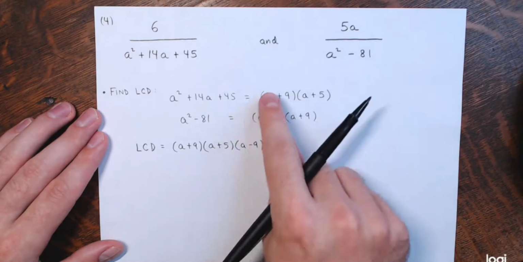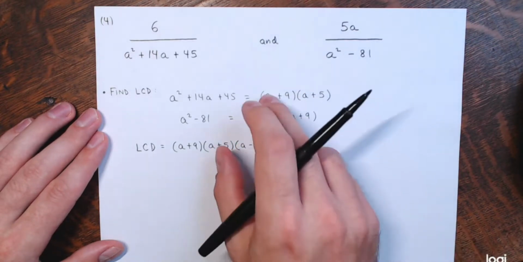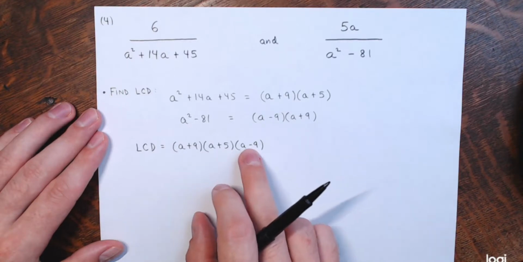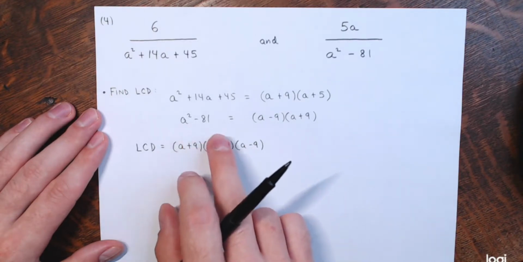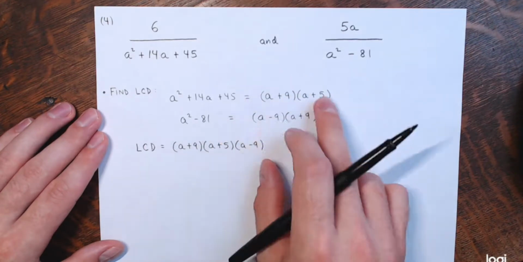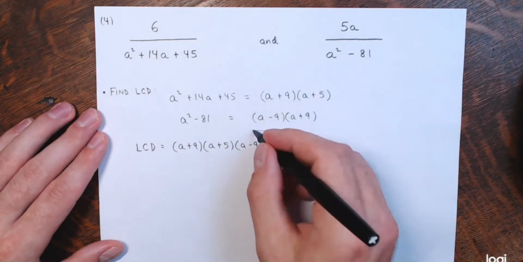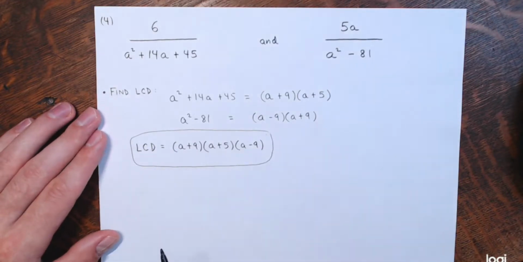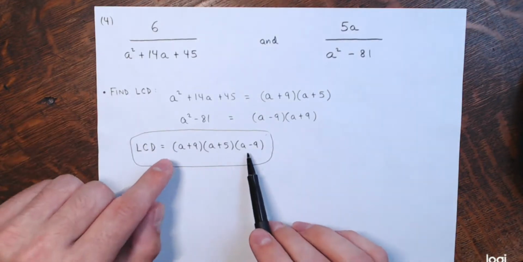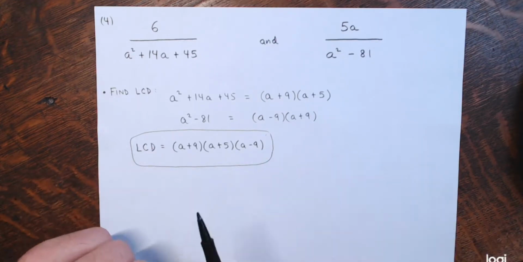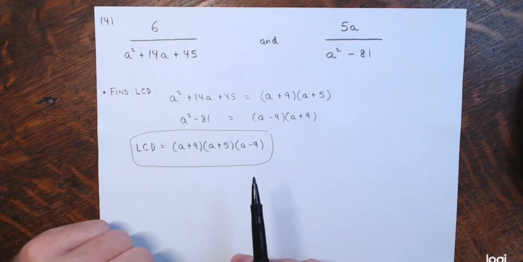And then once again, as in examples 1 through 3, the highest power you're seeing on any of these factors in the factorizations of the denominators is 1. Everything's to the first power. So there's the least common denominator. Now, once again, you can leave it in factored form, or you can multiply it all out and combine like terms, if you want.